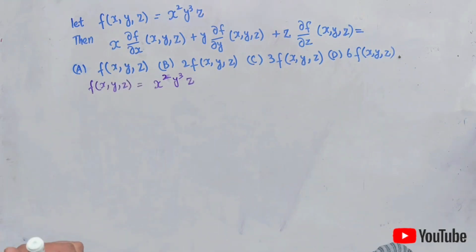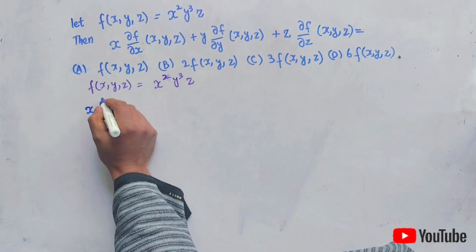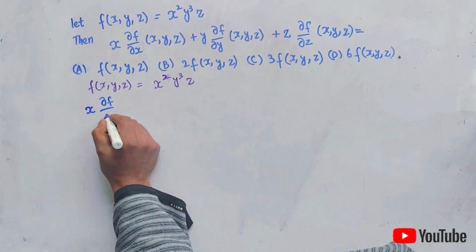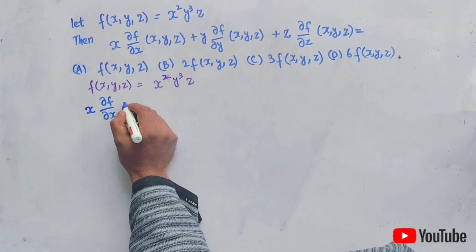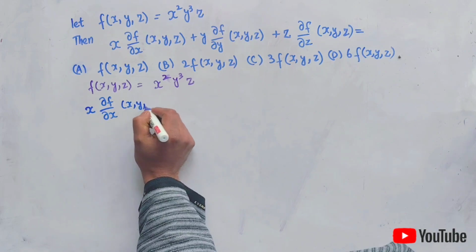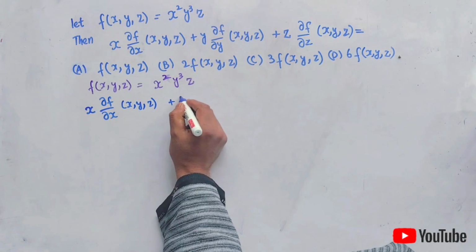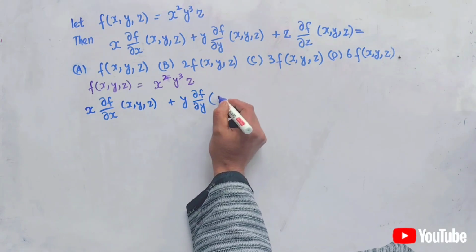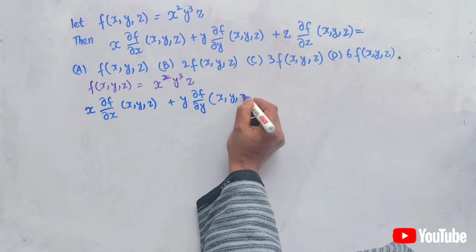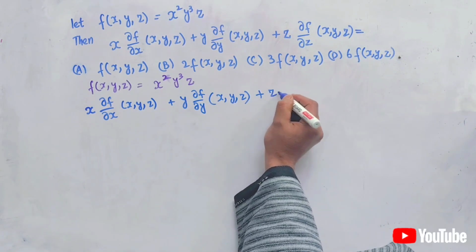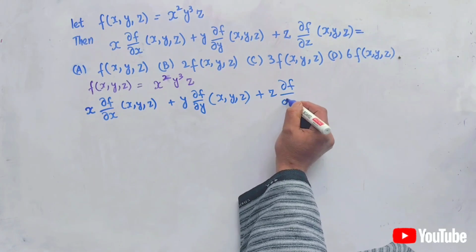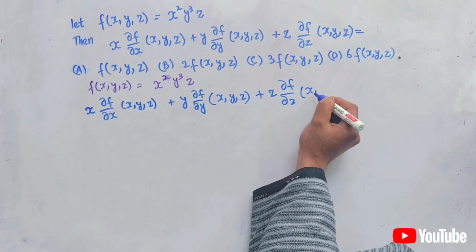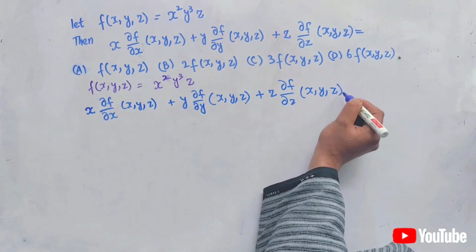Okay, and we are supposed to find out x times del f upon del x of x comma y comma z plus y times del f upon del y of x comma y comma z plus z times del f upon del z of x comma y comma z should be equal to.